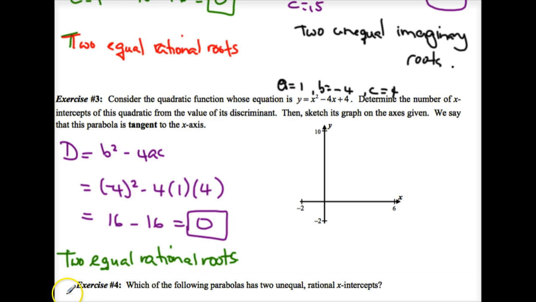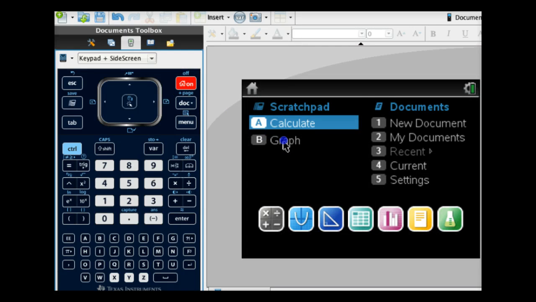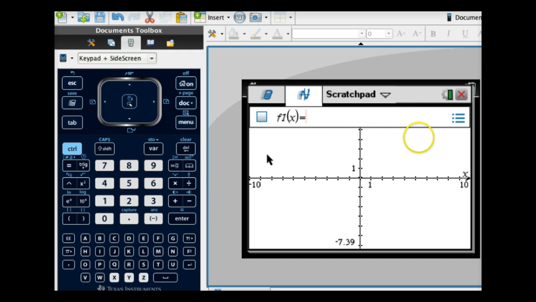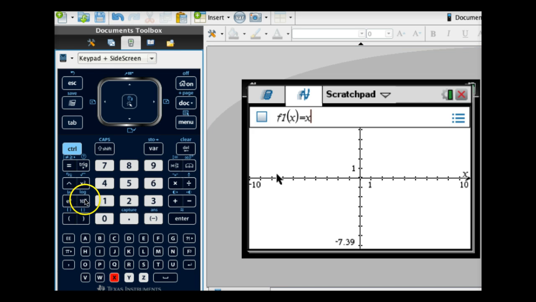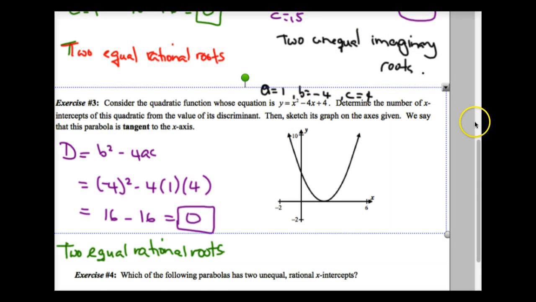Now, how would this look? Get your calculator and let's graph this together. On your calculator, you want to go to home, and then go to graph. If you have anything in here that you see graph, go to document and the letter B and change it. So I want to graph x squared minus 4x plus 4. Is that my equation really quick? Minus 4x plus 4.